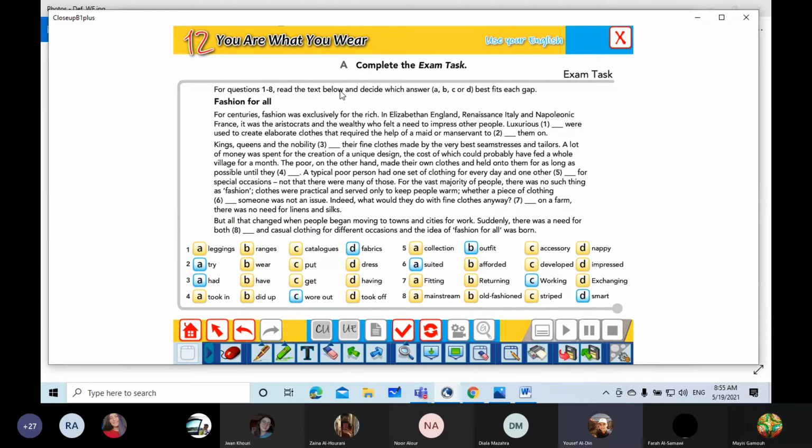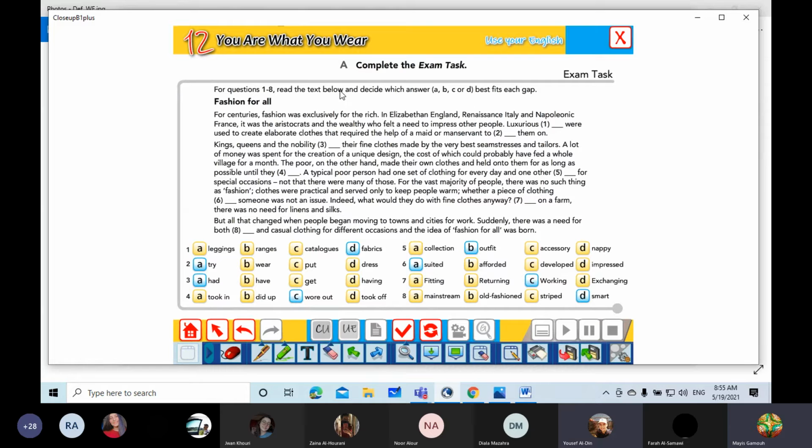In England, Renaissance Italy, and Napoleonic France, it was the aristocrats and the wealthy who felt a need to impress other people.